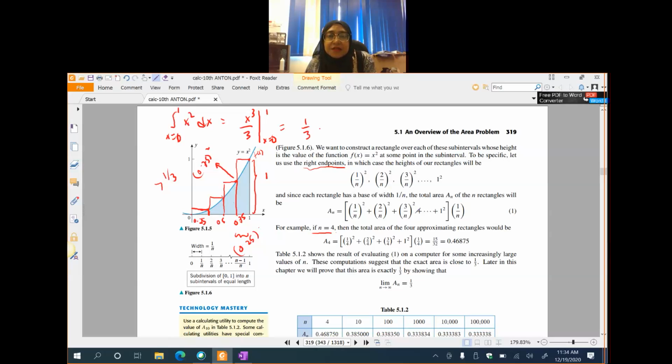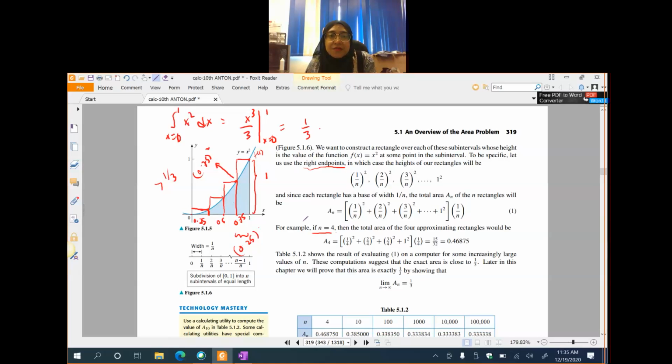And then for the third one, 3 divided by 4 gives you 0.75 squared. This represents the height of this one, of these rectangles here.